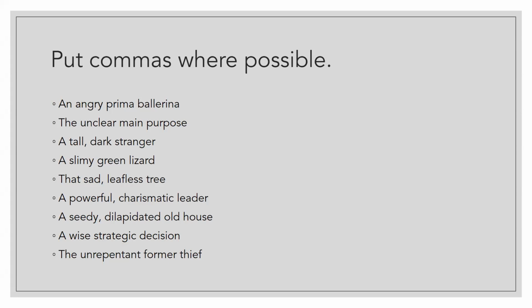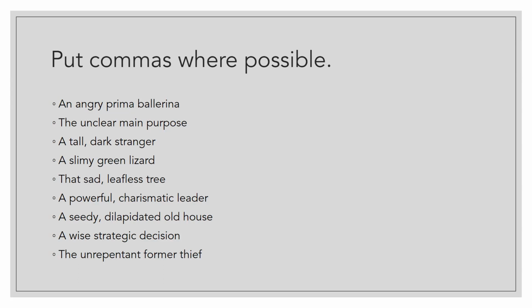Okay. In the first sentence, that word prima, meaning one, or the main, the most important ballerina, well, we consider that very much part of the term prima ballerina, right? So that's almost a compound noun, prima ballerina.